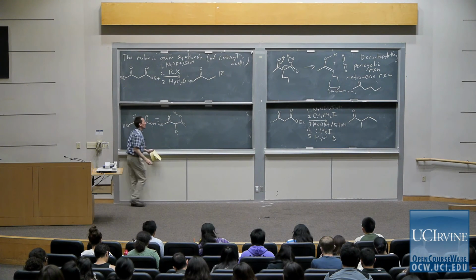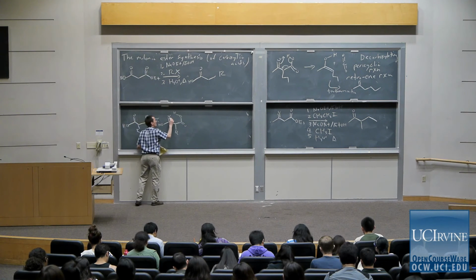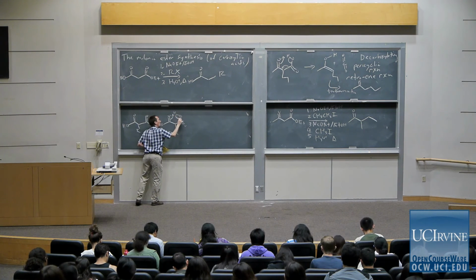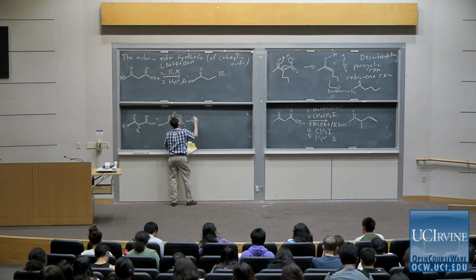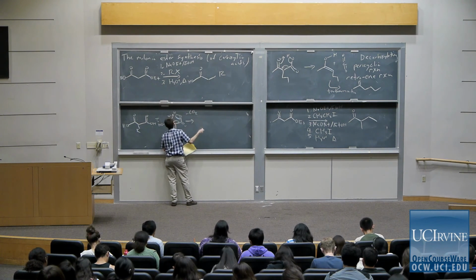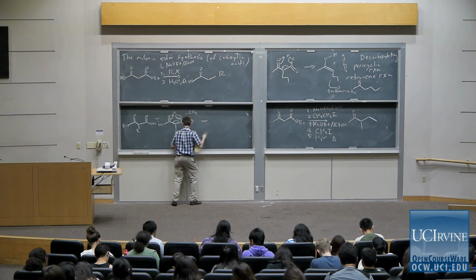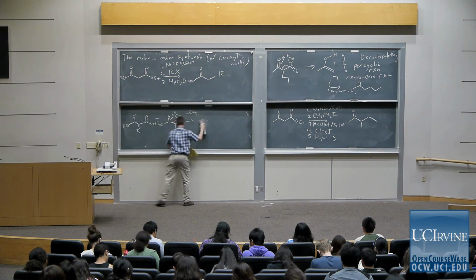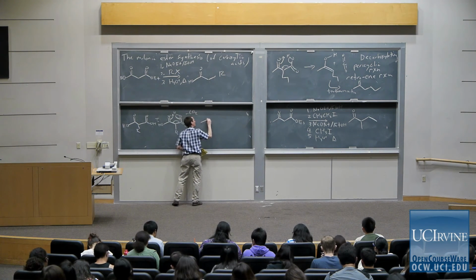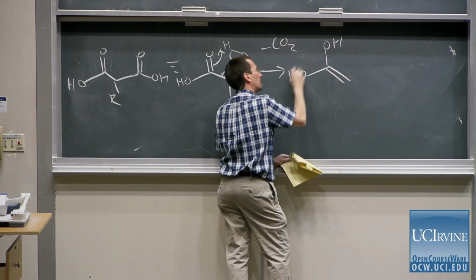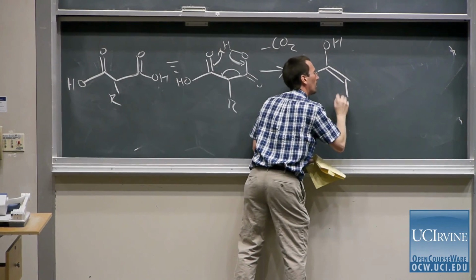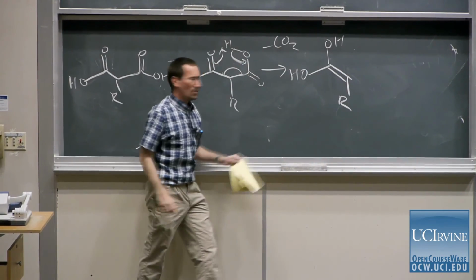Again, we're going to push our electrons in a ring, like so. We lose carbon dioxide, just as we did before. We get the enol form of the carboxylic acid. And we tautomerize.